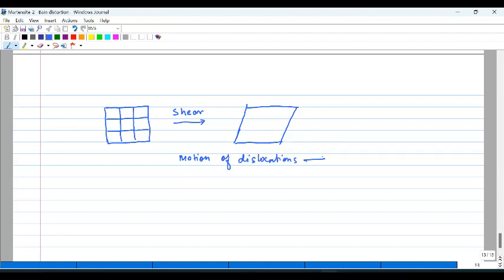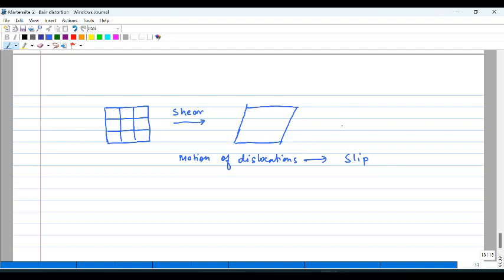And this causes something called slip, which is nothing but sliding of crystal blocks over each other. So one part of the crystal will slip over another part, and the line between the slipped and unslipped portion of the crystal is known as a dislocation.